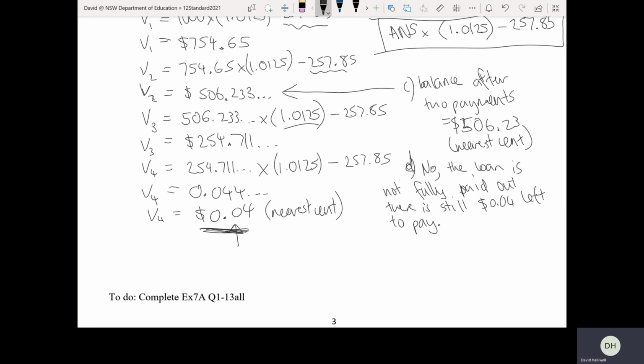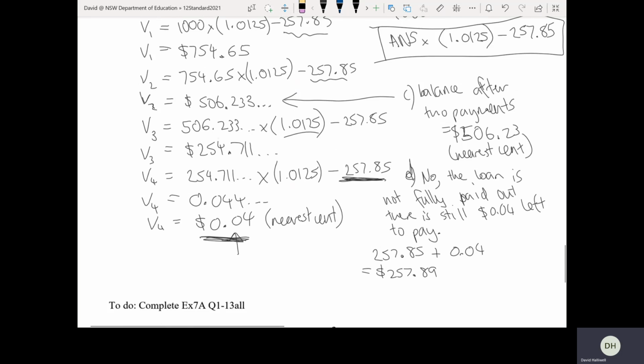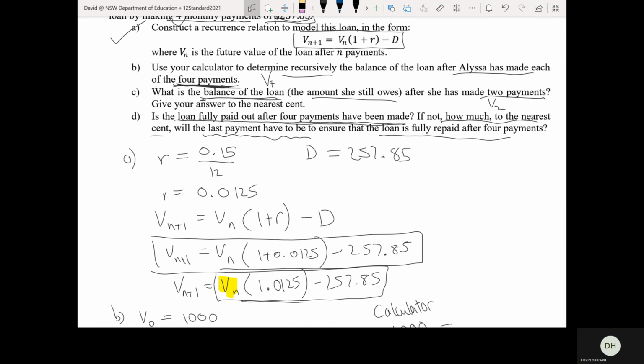And the question says, how much will the last payment need to be changed to pay it off in full? So the last payment, every payment's been 257.85. You just need to pay an extra 4 cents to the nearest cent to pay it off in full. So $257.89, last payment.